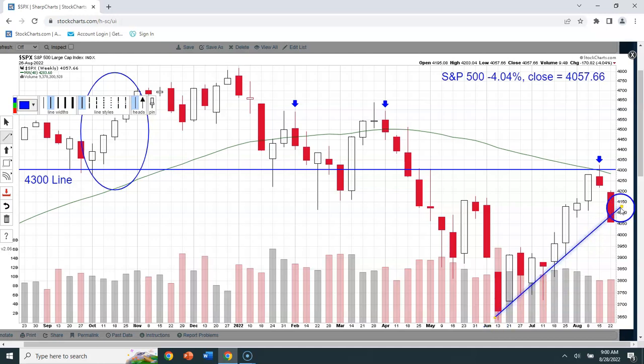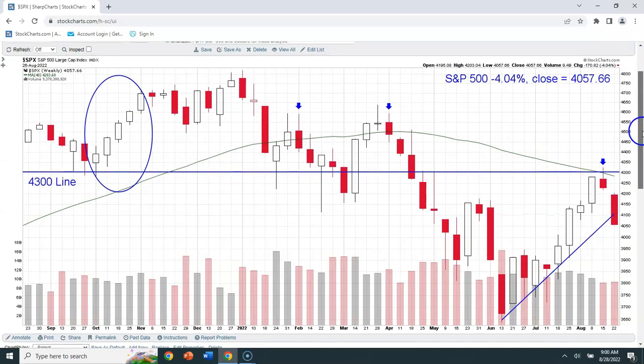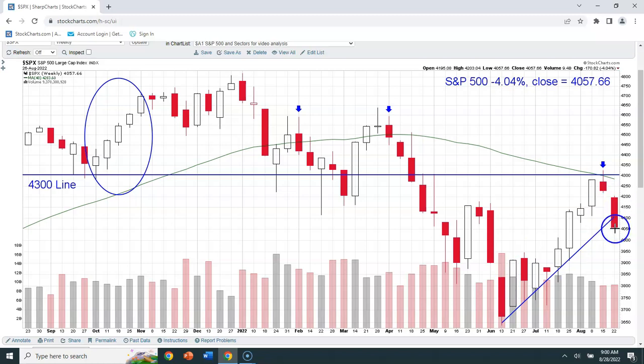But the way I have learned over the decades and decades of doing this is connecting the bodies of the candles, all right? And you can clearly see when we connect the bodies of the candles that we have now broken below, right? With this last week, we broke below this uptrend, this counter trend rally, right?